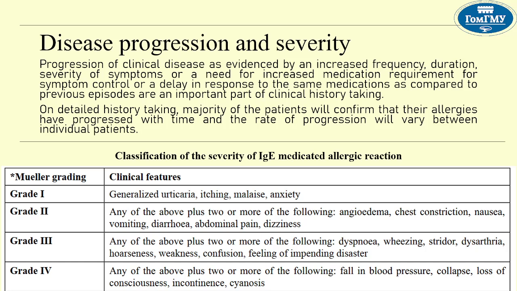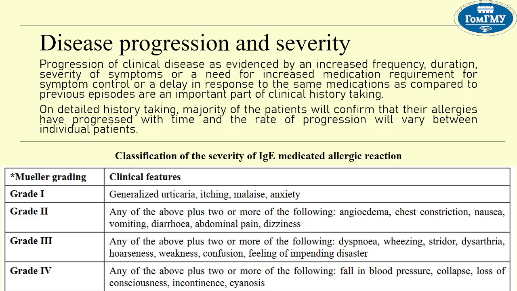Classification of the severity of IgE-mediated allergic reaction. Grade 1: generalized urticaria, itching, malaise, anxiety. Grade 2: any of the above plus 2 or more of the following: angioedema, chest constriction, nausea, vomiting, diarrhea, abdominal pain, dizziness.